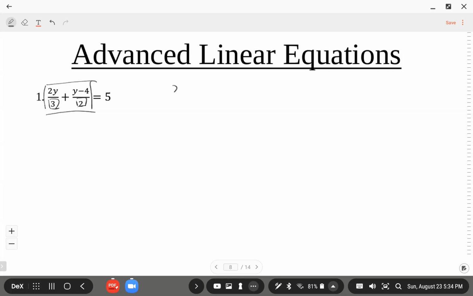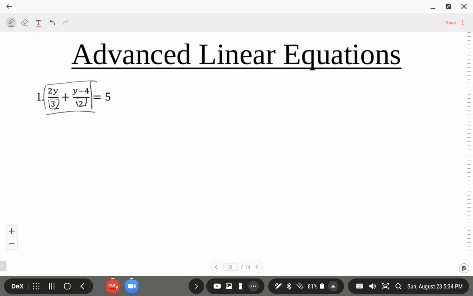Well, if it were 2y divided by 3 plus y minus 4 divided by 3, we could just multiply by 3 on every term, right? But you can't do that because these objects are being divided by different numbers.